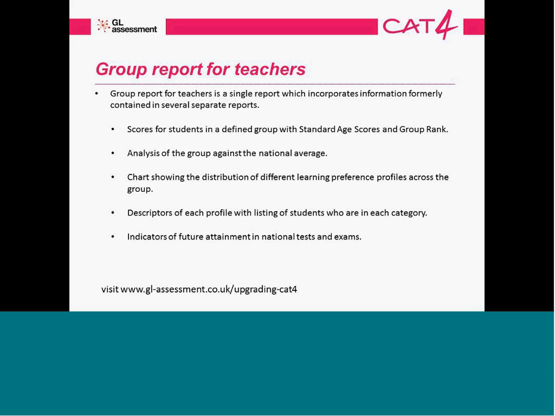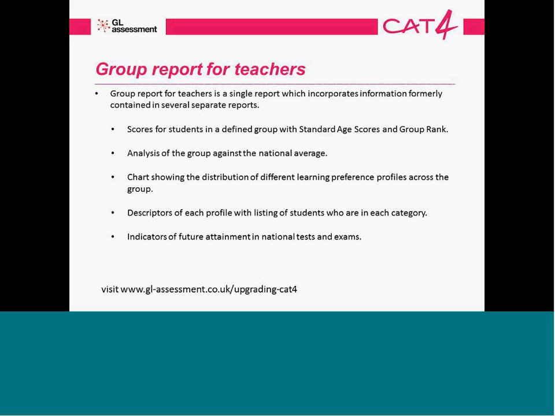What I haven't included in the group report are, of course, the indicators which give an estimation of average attainment in national tests and exams. And this is often a very good initial national benchmark, again, to set individual personalised targets. Okay, let's look at how that's developed in terms of an individual report.